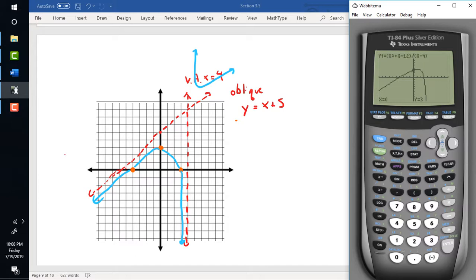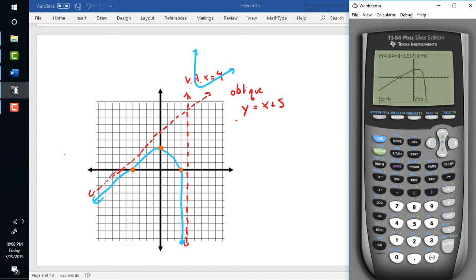I have 0, 3. This definitely looks like it's 3, 0 right here, very close to it. And if I scroll over here, this is definitely going to be negative 4, 0 or close to it. So you can do second trace, also remember, and do value and type in negative 4. And you have negative 4, 0. Okay. So yeah, that's pretty much it.